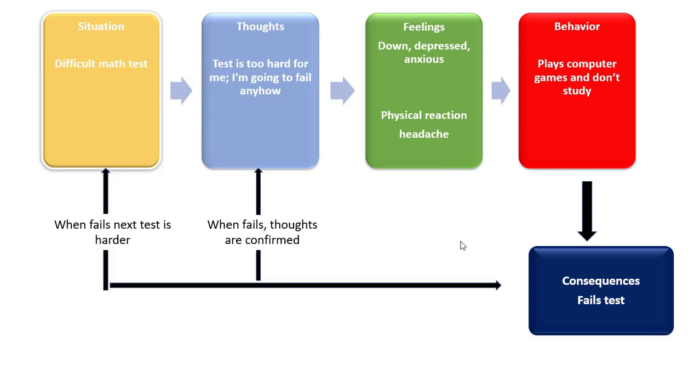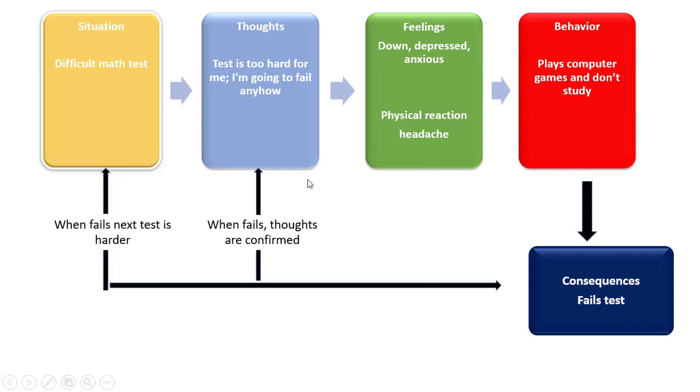The consequence of his behavior, playing computer games and not studying, is that he fails the test. Failing the test becomes evidence that the test is too hard. Thus, the consequences of the behavior reinforce his original thoughts.